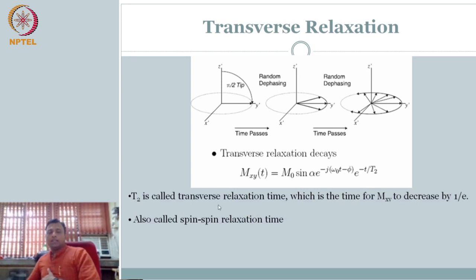So T2 is called the transverse relaxation time, which is the time for Mxy to decrease by 1 by e. This is also called the spin-spin relaxation time. Just to be clear, T2 has to do with neighbor spin-spin interaction. So now the question is, that is all fine, there is a small change due to spin-spin interaction, and so it dephases. Then what does T2 star mean?